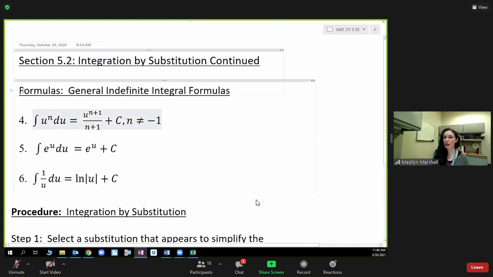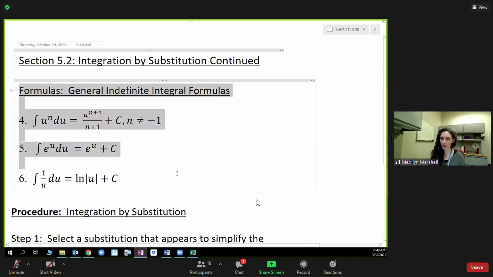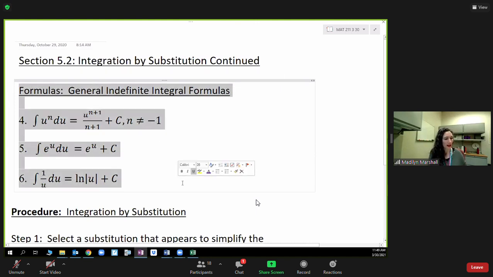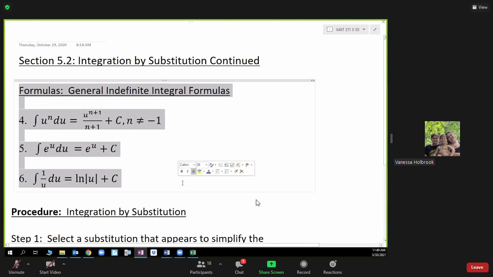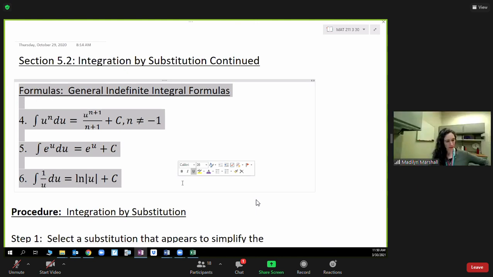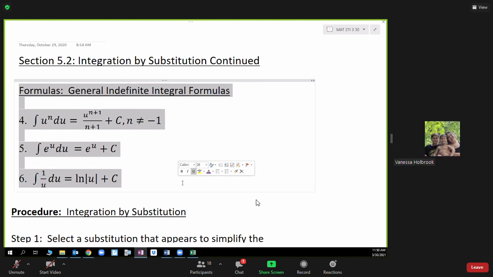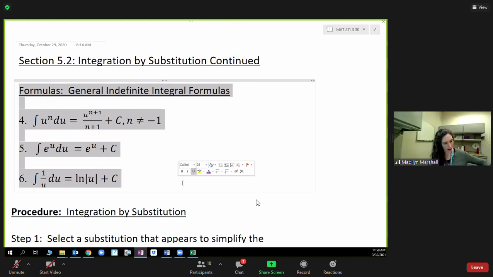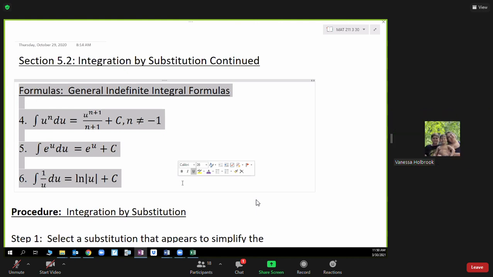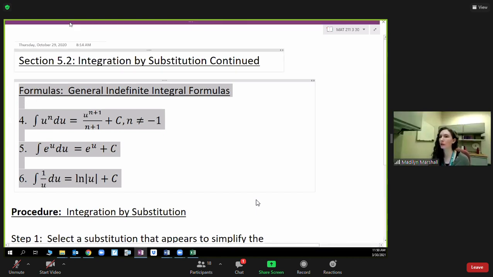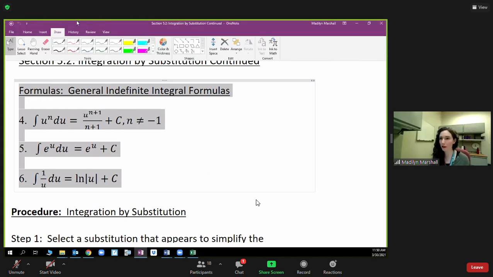So I just put those same formulas that we saw last week and that are in the book up here just as a reminder. I'm not going to leave these up very long because we already have them, but these are sort of our 3 base formulas for integration. So these are on page 335.